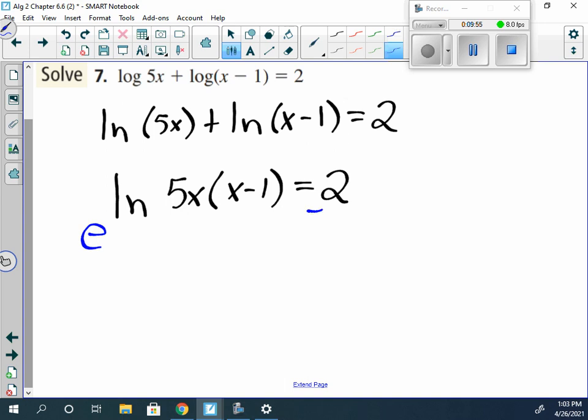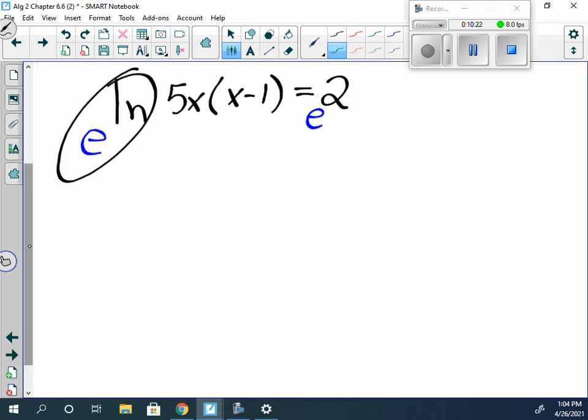We're going to give both of them a base of e, because e to the ln here simplifies out because the base and what we put it to match up. They're the same. Now what that leaves us with is 5x times x minus 1 is equal to e squared.